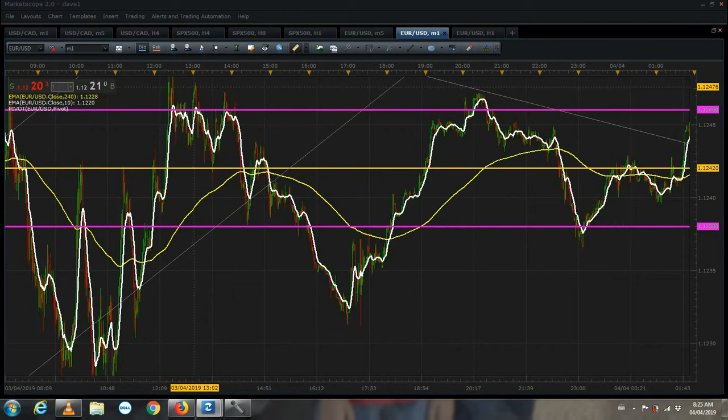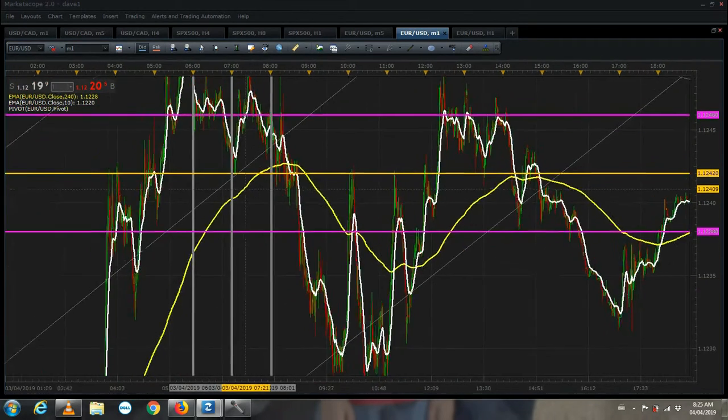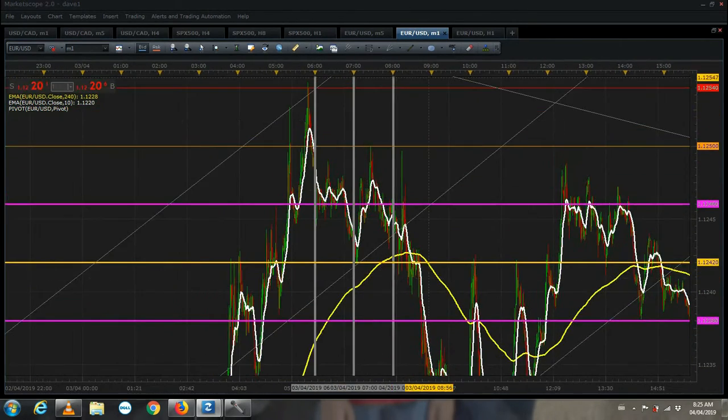It's from the peak to the breakout. Oops, this is the wrong one. So the peak here is 12.6 points.